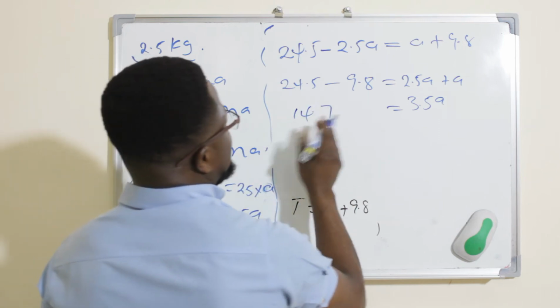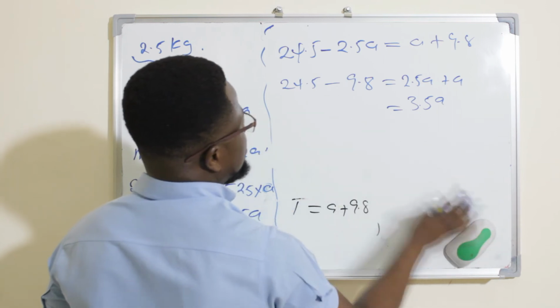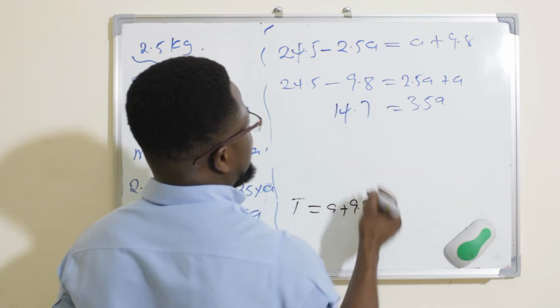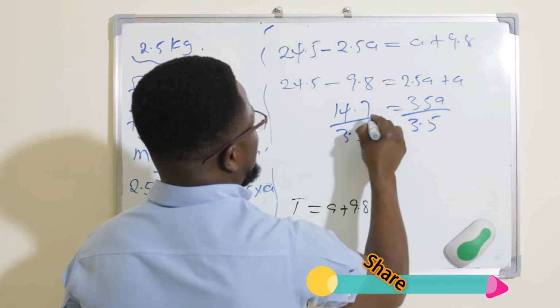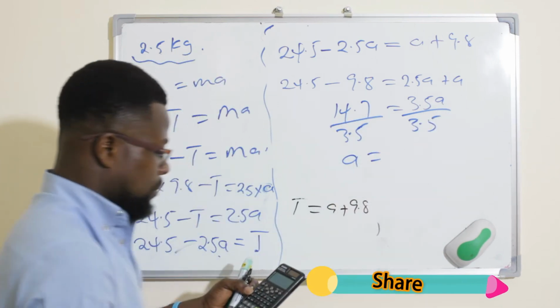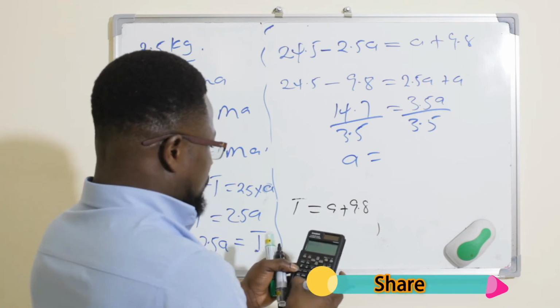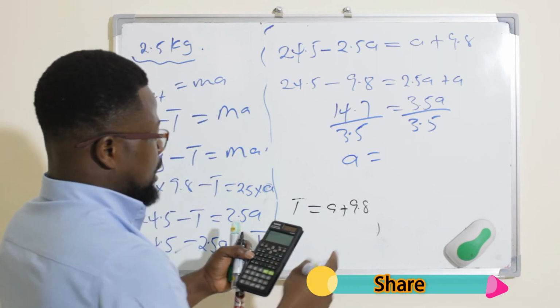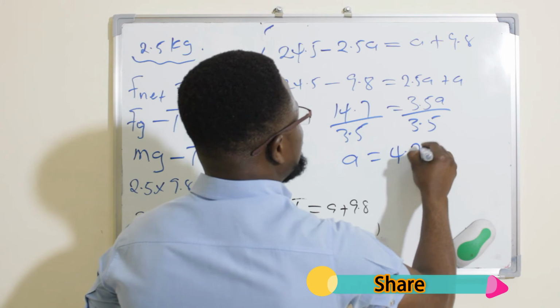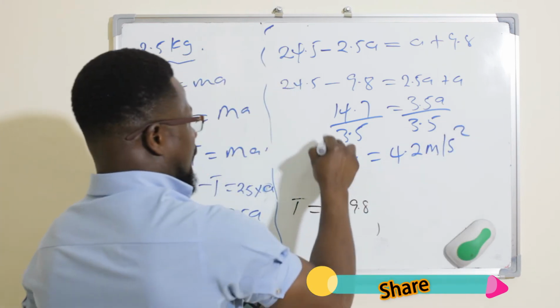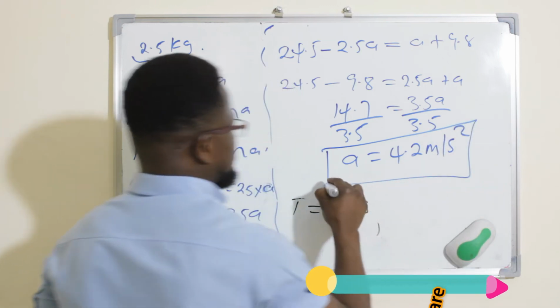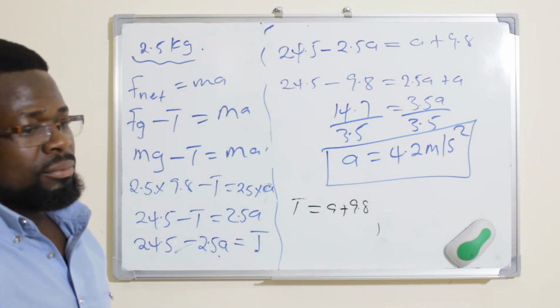And I just divide, okay, let me draw it closer. 14.7, I divide this by 3.5, I divide this by 3.5. And then A is now divided by 3.5. So my A is 4.2 meters per second squared. I have gotten my acceleration.